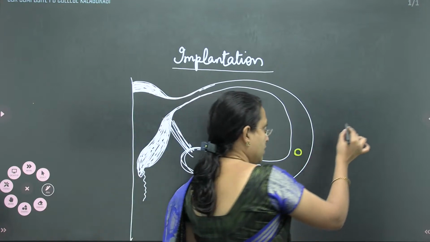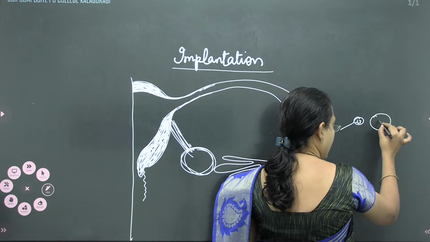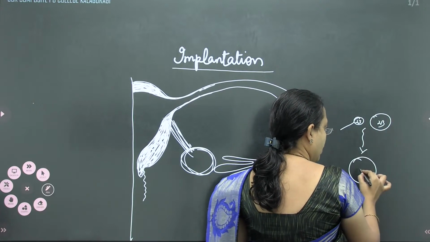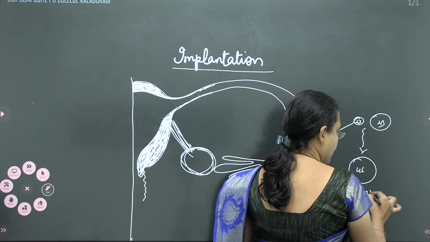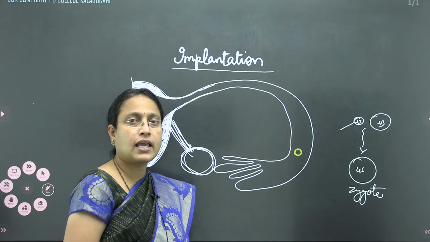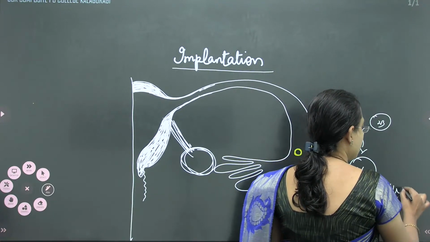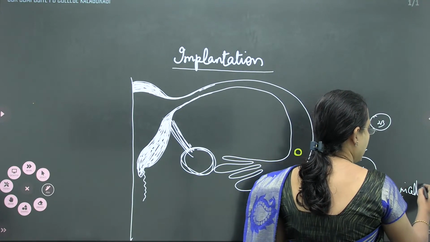After the haploid sperm fuses with the haploid ovum, the resulting cell is called the diploid zygote. Diploid zygote means the zygote is unicellular. It is not a multicellular entity.